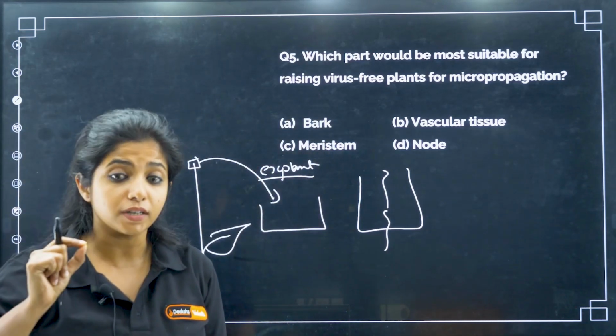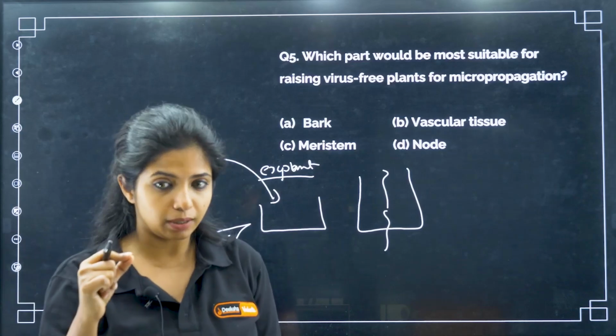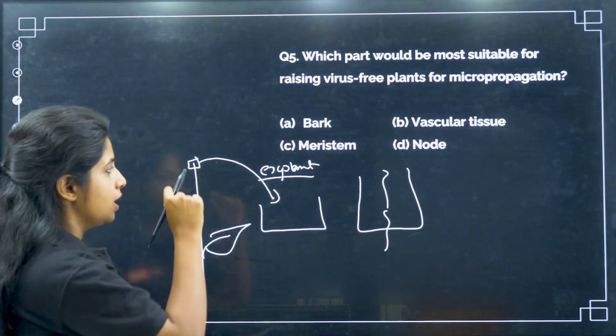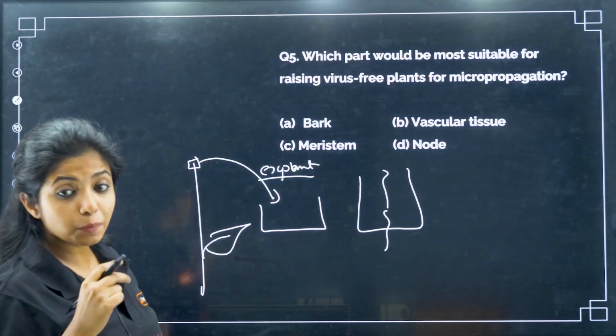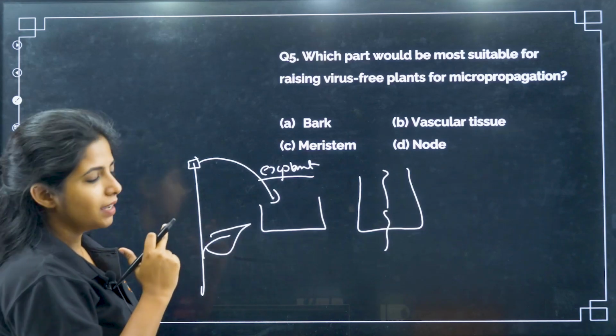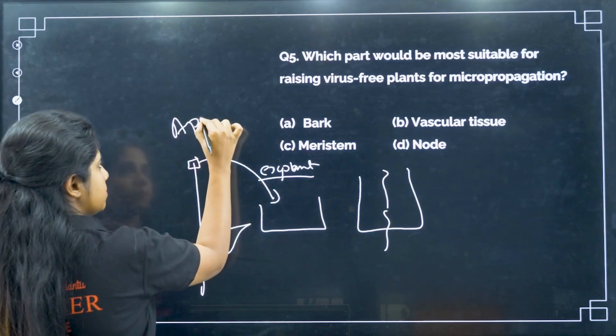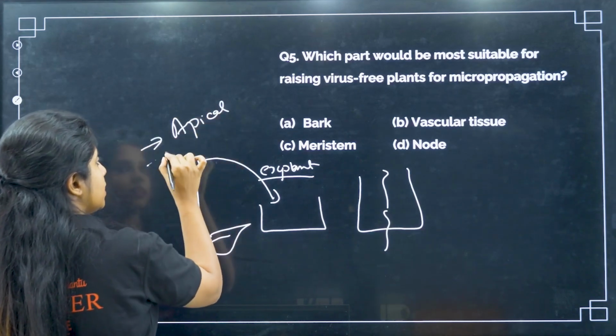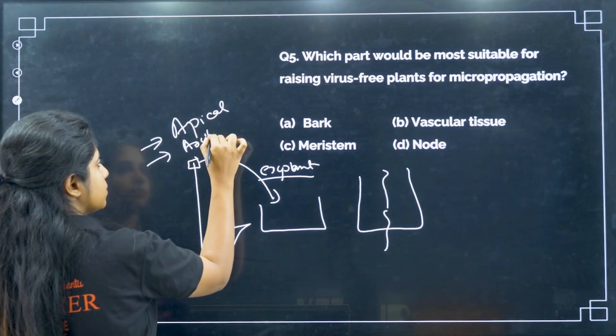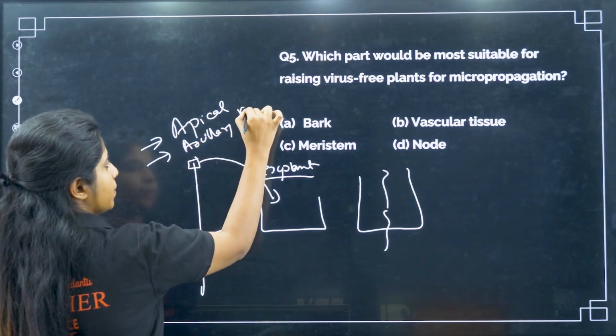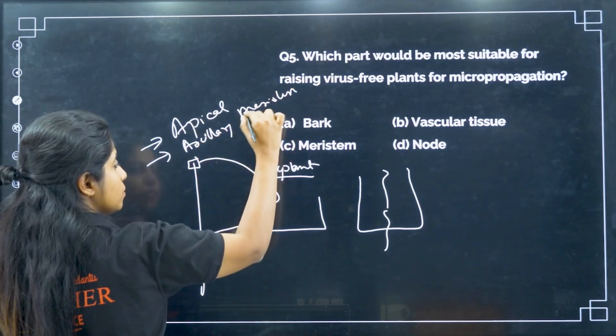So if I want the plants to be virus free, where should I take the parts from? The explant should be from which part of the plant? Two parts: one is apical meristem and the other is axillary meristem. Both of them are meristem.